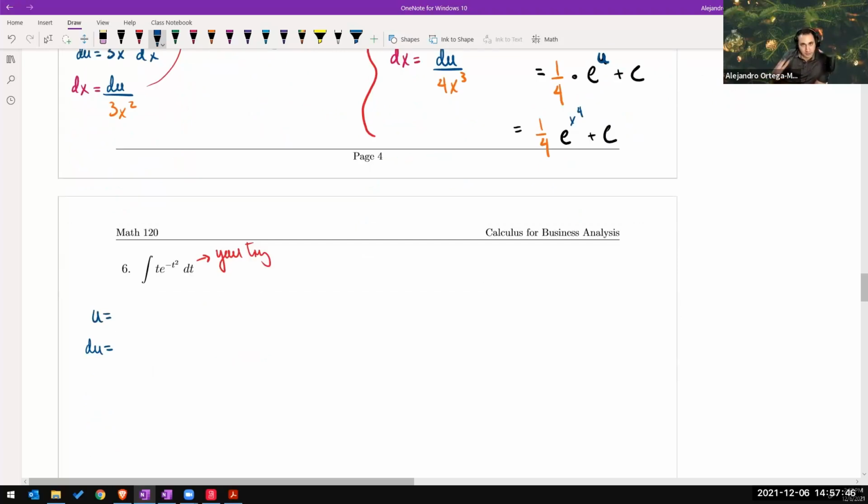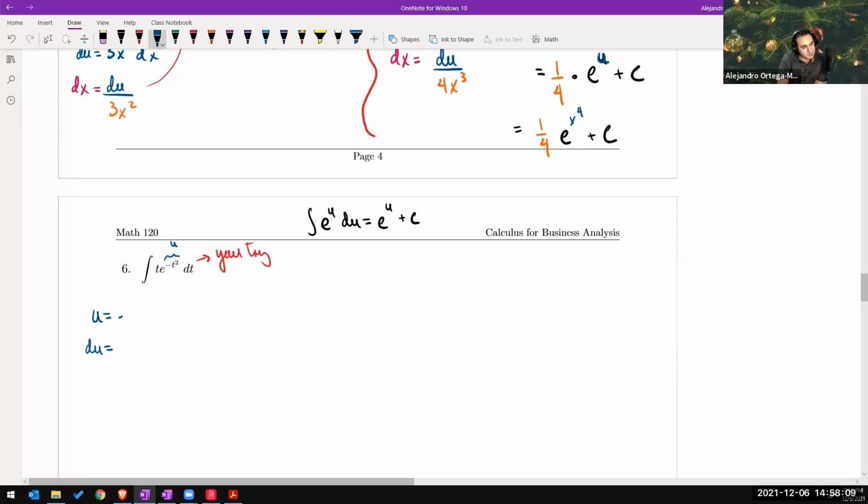Okay, so again, rule of thumb, whatever the e is raised to, that's generally going to be our u. Because then we can use the fact that the integral of e to the u du is e to the u plus C. So let's see.